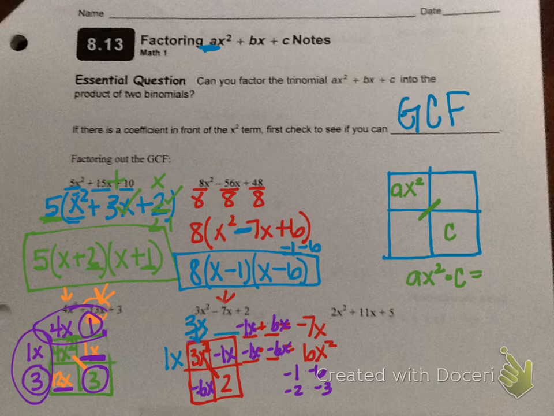Then I look over here. What do I multiply by 1x to get negative 1x? Just negative 1. And 3 times what makes negative 6? That'd be negative 2. And then I check negative 1 times negative 2 gives me 2, so I know that's right.